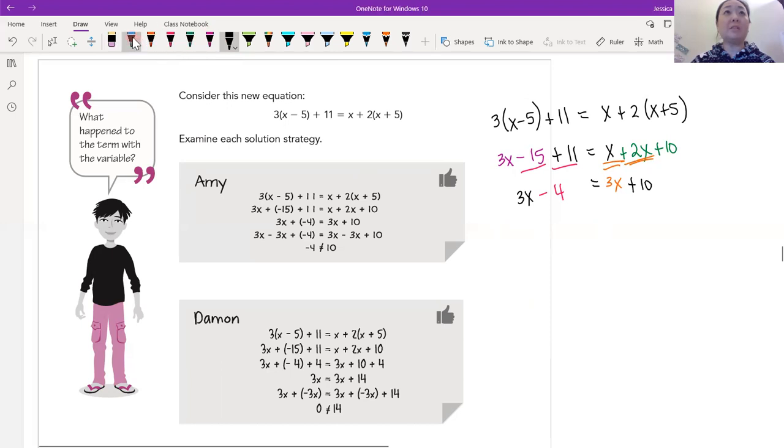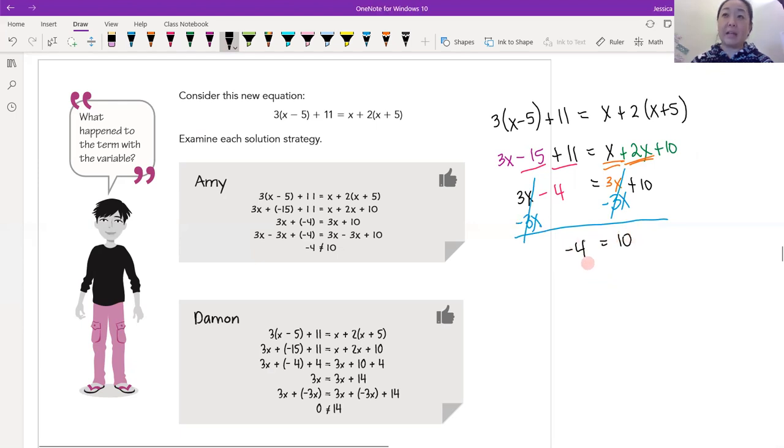So we subtract 3x on both sides. They both cancel out, and all we have left is negative 4 equals 10.